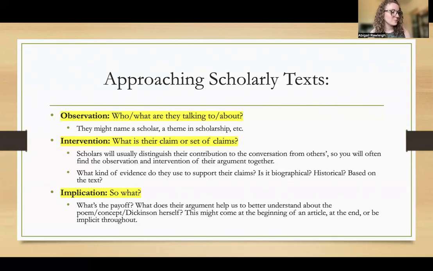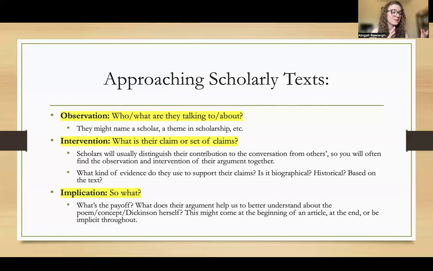So we've actually been constructing these sorts of arguments in our classes when we've been moving beyond surface level reading, our first impressions of a poem, to deeper analysis that helps us better understand Dickinson as a whole and that we can apply to other poems in her body of work.